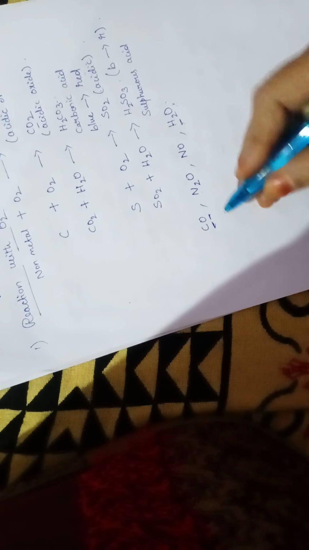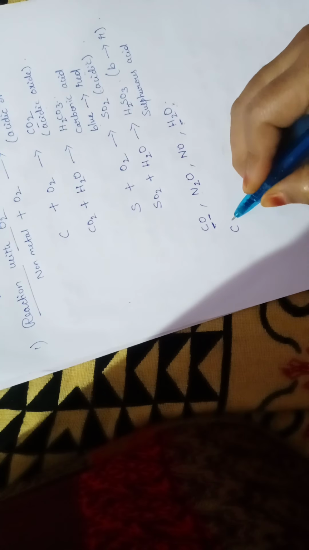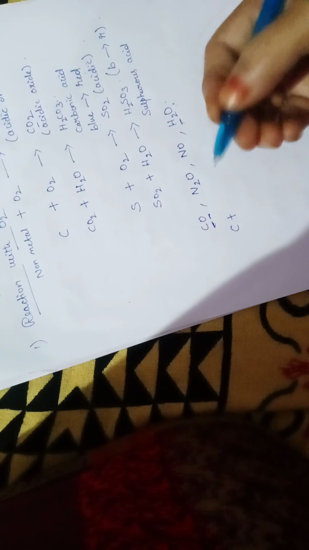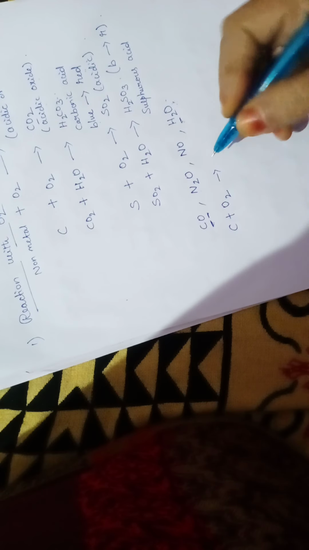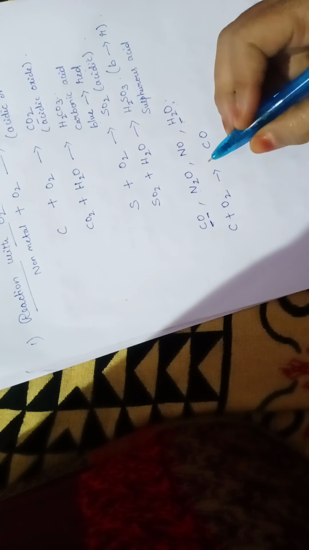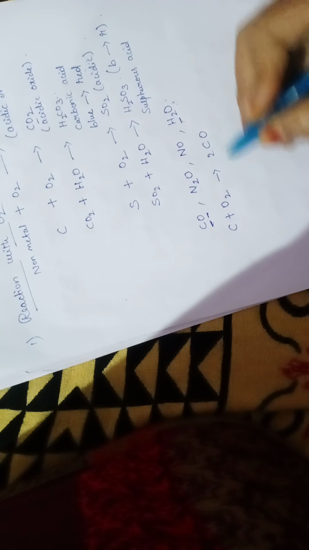Okay, if we see the reactions, with carbon, what type of neutral oxide will form when carbon reacts with oxygen? Carbon monoxide will form if we balance this. Clear children?